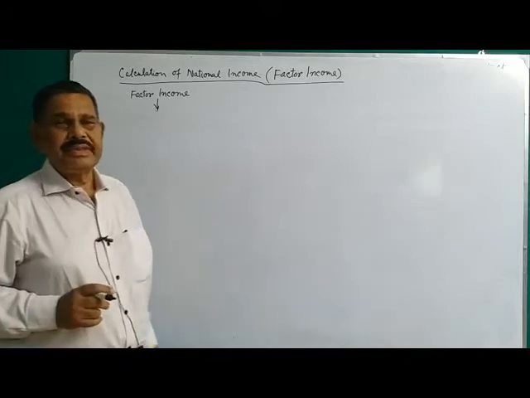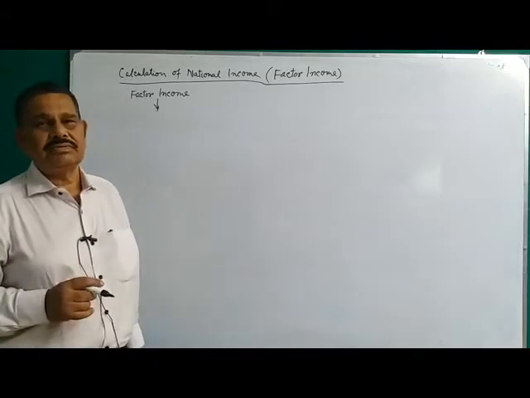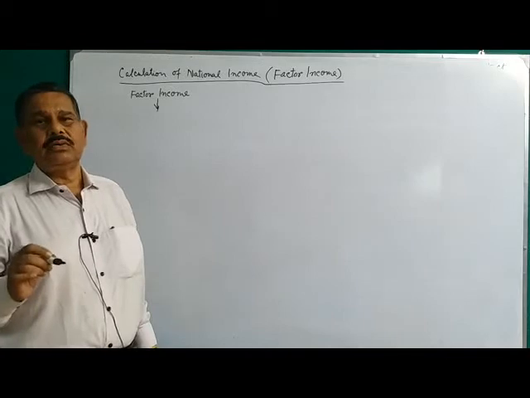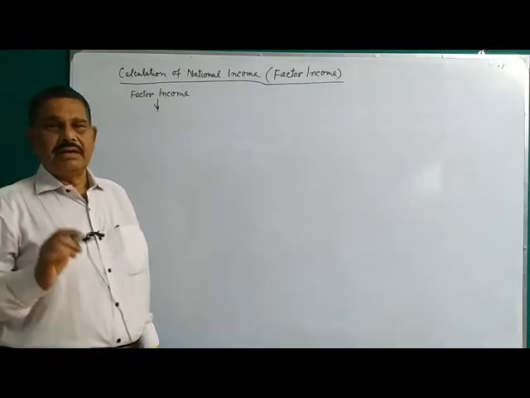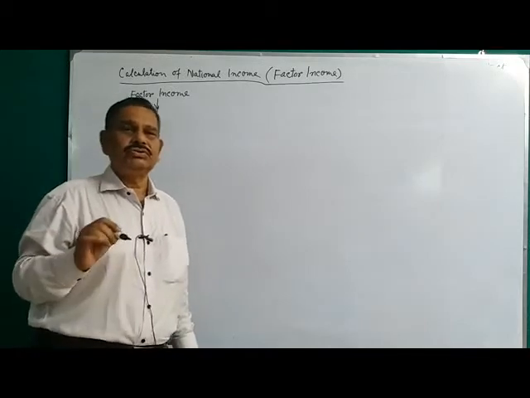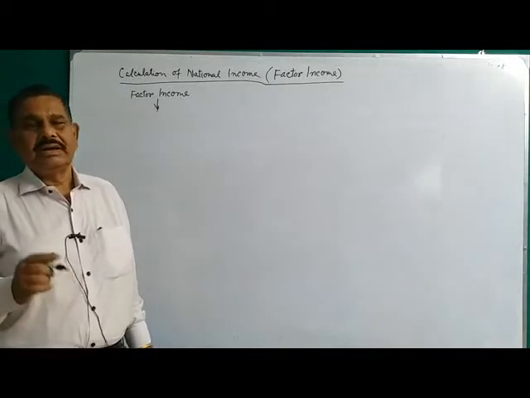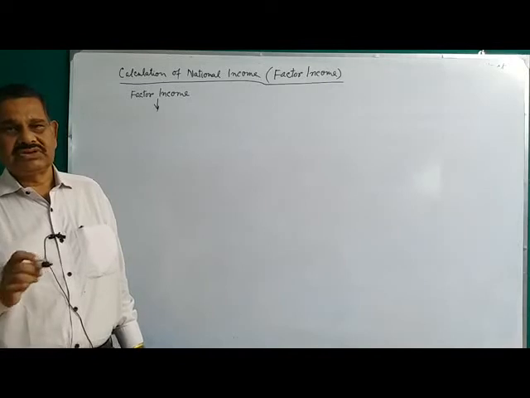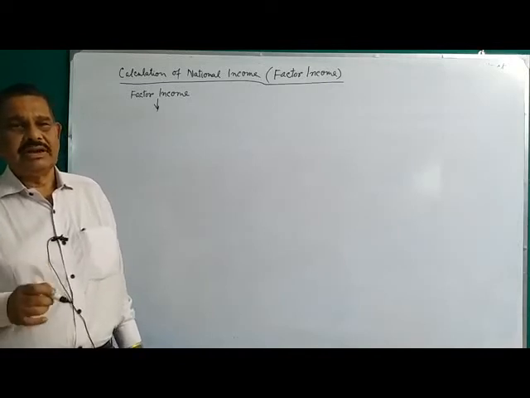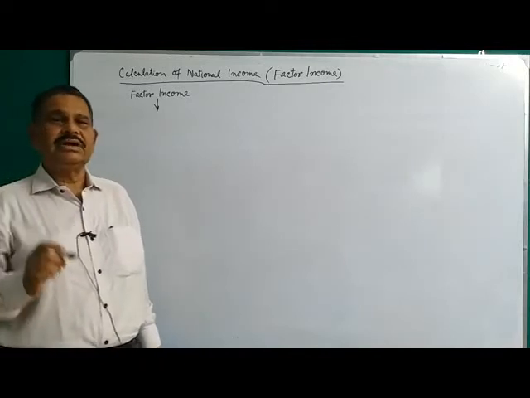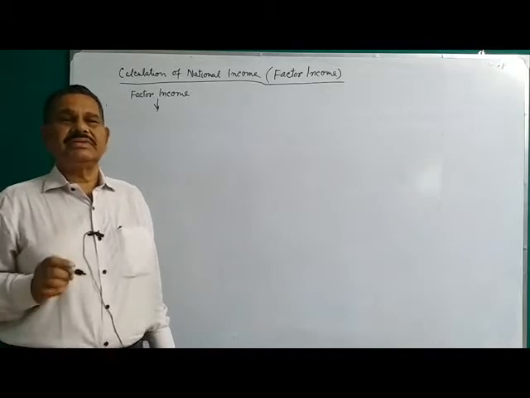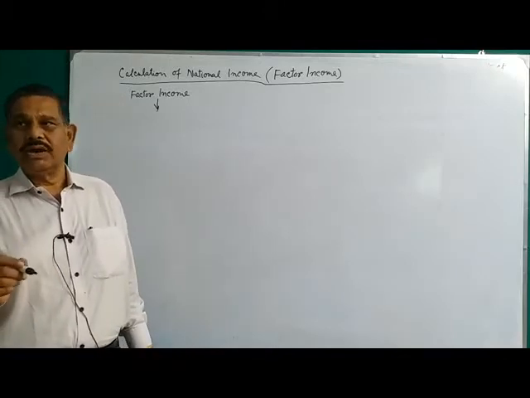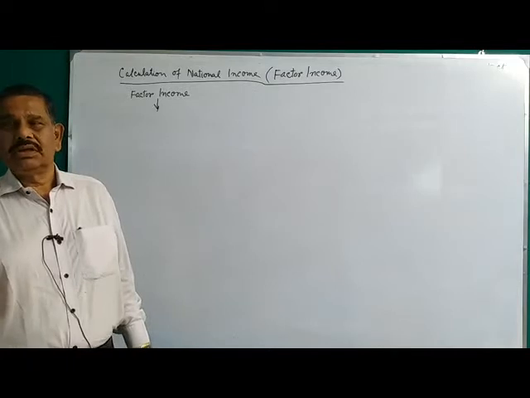You know that there are three methods of national income calculation: number 1, income method; number 2, expenditure method; number 3, gross value added method. Again, the three methods are the income method, expenditure method and gross value added method.